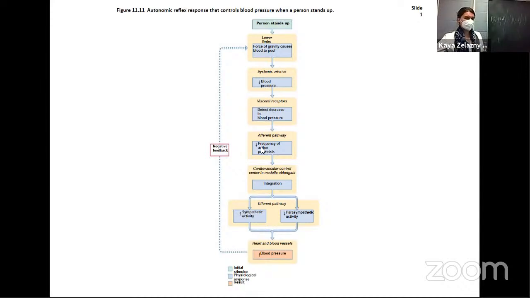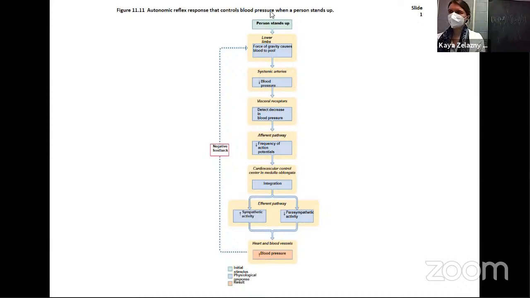But the way that they signal to the brain, to the central nervous system, that we've had this fall in blood pressure is that the receptors are always firing action potentials to the brain. And if those action potentials slow down, the brain knows that your blood pressure has dropped. So this is an afferent pathway, because this is like a sensory receptor sensing how high your blood pressure is.